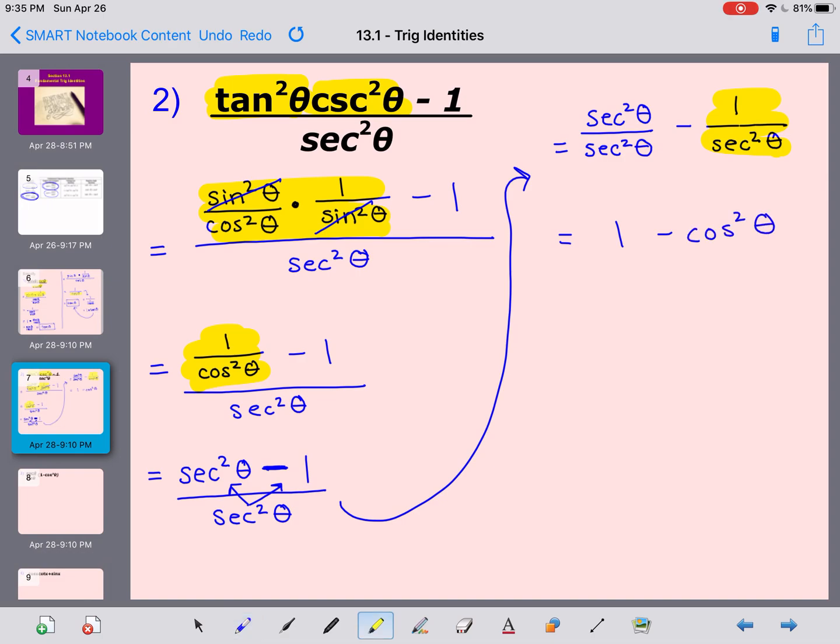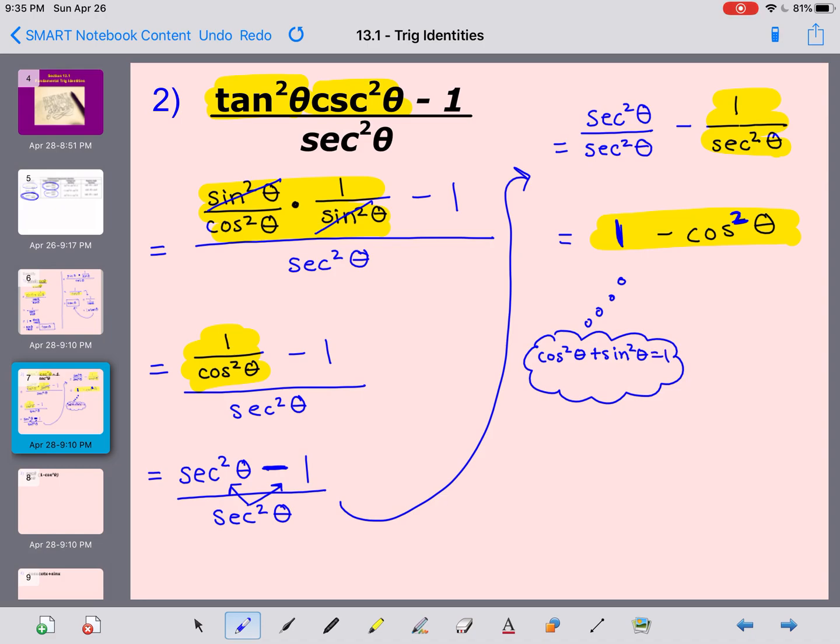And then take a look at this whole thing. Anytime you see 1 with a trig function that's squared, thought bubble should go to your Pythagorean identities. So I'm just going to draw a thought bubble here. You wouldn't actually do this on your proof, but that first trig identity says cosine squared theta plus sine squared theta is equal to 1.